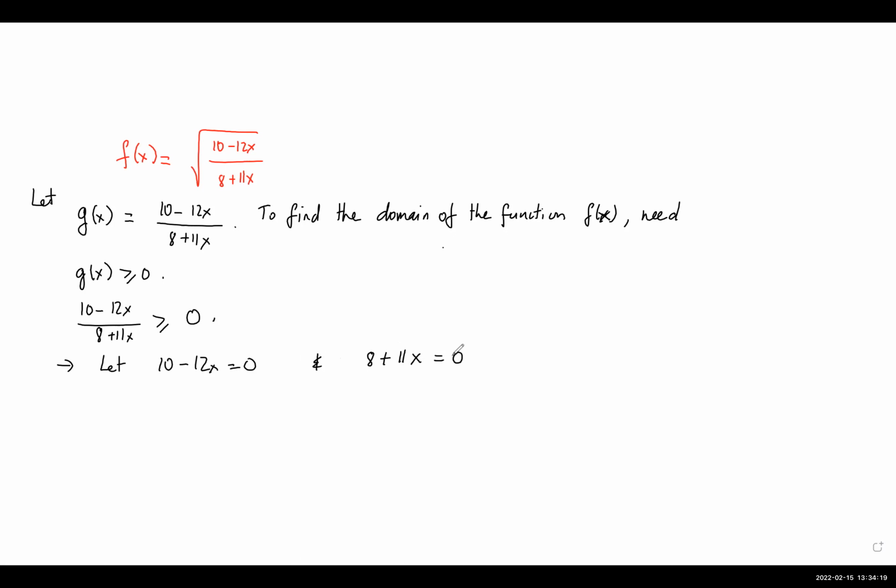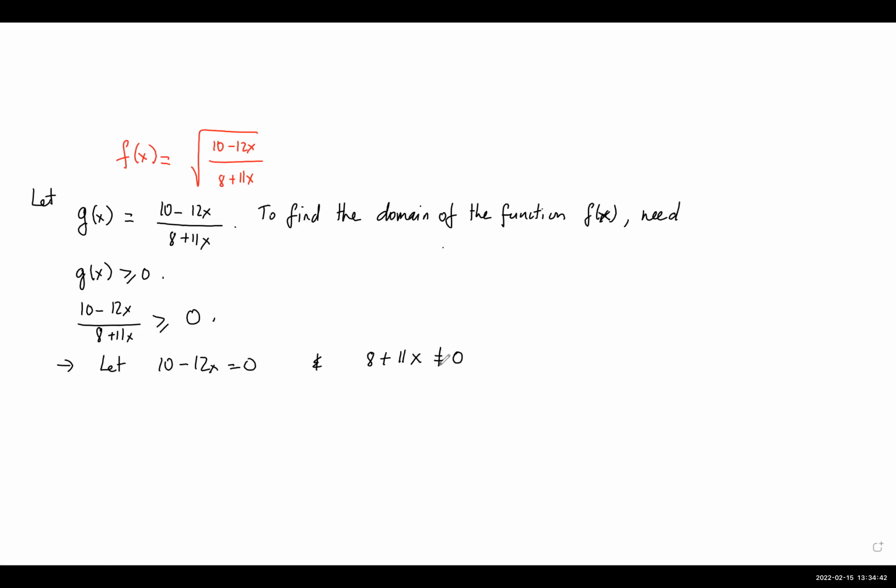However, we know that the bottom, which is the denominator of this rational function, 8 plus 11x, is not allowed to be 0 because we can't divide by 0. Therefore, we say 8 plus 11x cannot be 0.